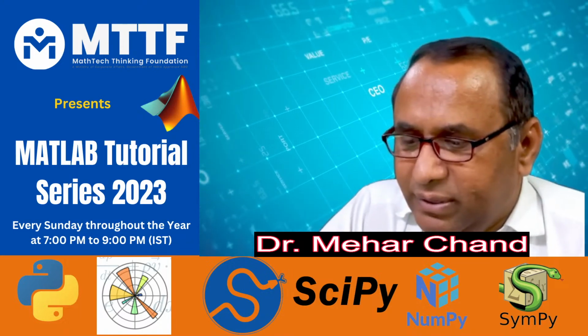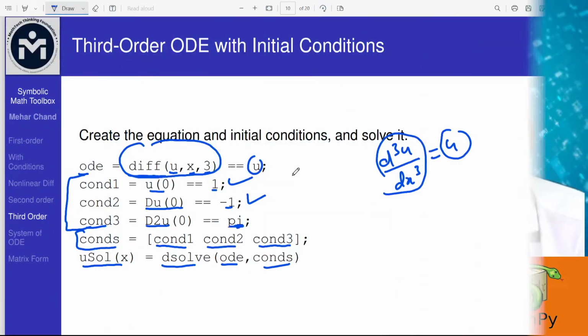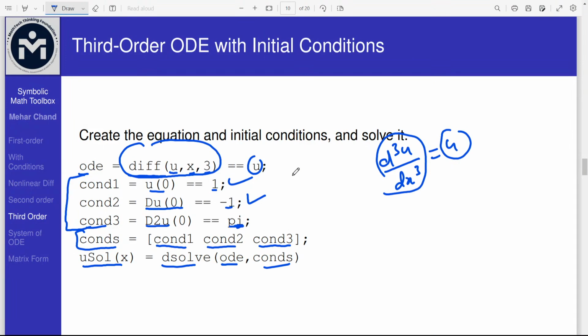And now I will give you one more interesting question. If we have the differential equation like this, just 1 minute.